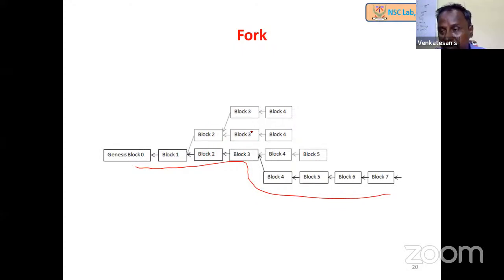For block 3 also, three miners mined the block, and for block 4, four have mined. Let's say that this is the block mined by me. Since I have mined the block, I gave myself the reward as the coinbase transaction. For example, 50 BTC I have added into this block.